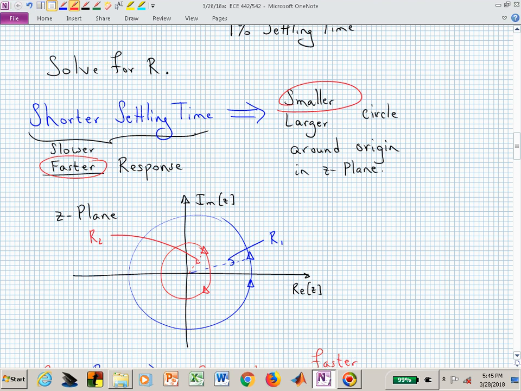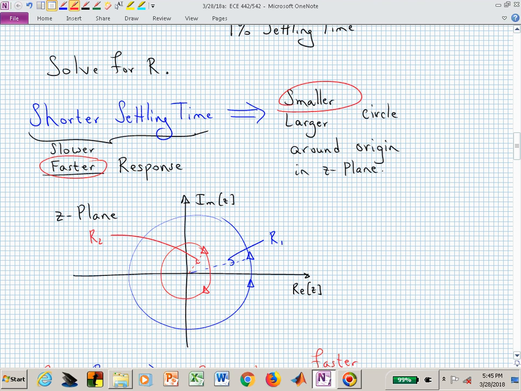If we're talking about settling time, where can R sub 1 not be? It can't be bigger than 1, can it? So R1 and R2 have to be inside the unit circle in order to even have this discussion of settling time. That's the question I was trying to get you to think about.